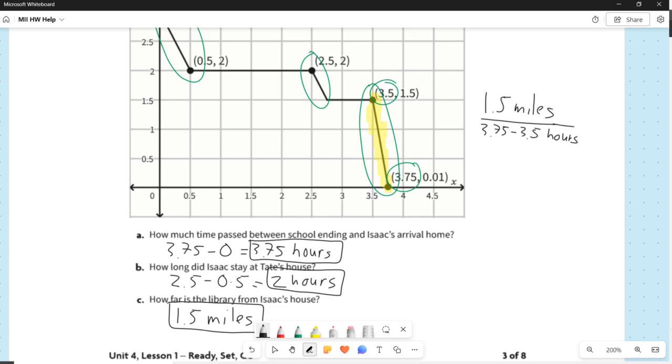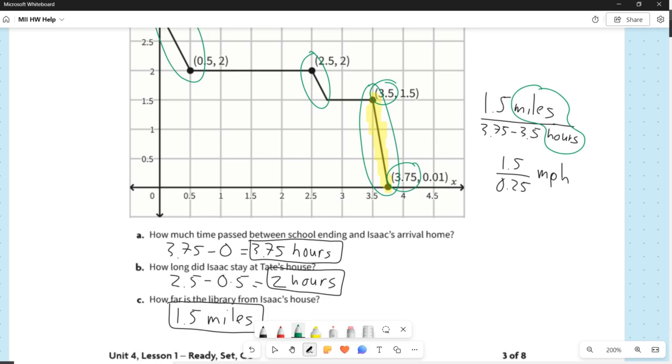We can clean this up a little bit. So our numerator is going to stay as 1.5 for a second. The denominator, 3.75 minus 3.5, is 0.25. So we have this, and this actually is miles per hour, right? That's what we're talking about here, miles per hour. So it's this many miles per hour.